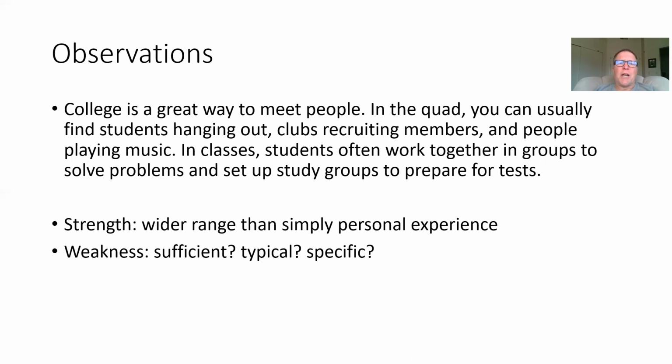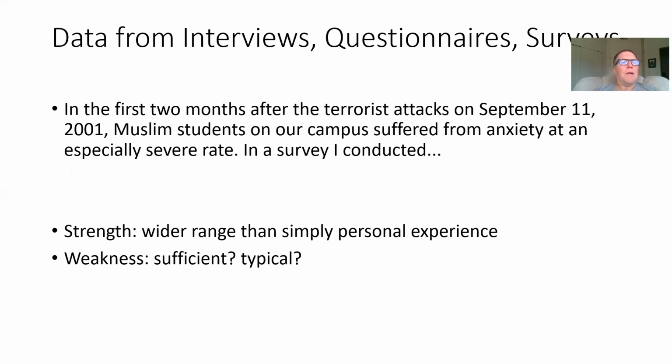In general, observations tend to be a little too broad. A lot of times students will just give a bunch of generalizations and think they've supported their point, and they really haven't. Now, a little more specific is data from interviews, surveys, questionnaires, that kind of thing. It's surveys you can do.